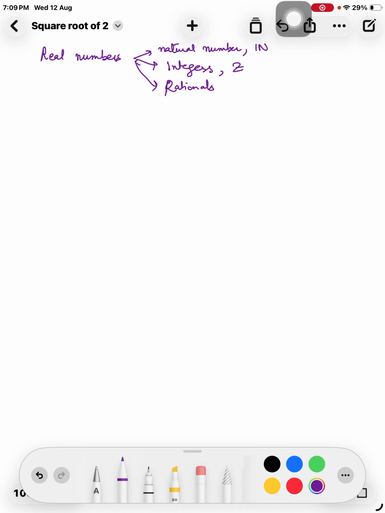So one by one we defined all these sets which were part of the real numbers, but at the same time the problem arose: is there a real number whose square is 2, for which x this thing is satisfied?